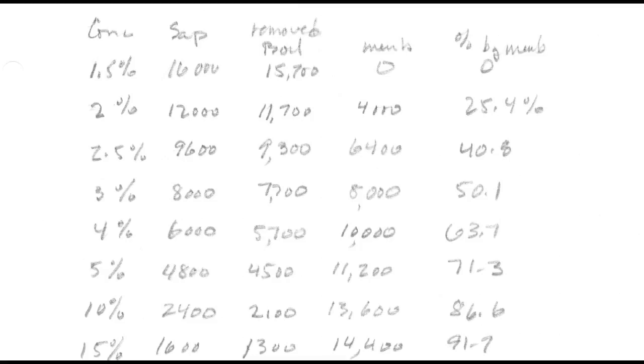But you can see the point of this is it doesn't take a lot of improvement in the numerical concentration to make a substantial impact on the ratio of how much has to be boiled and how much has to be treated by the membrane.